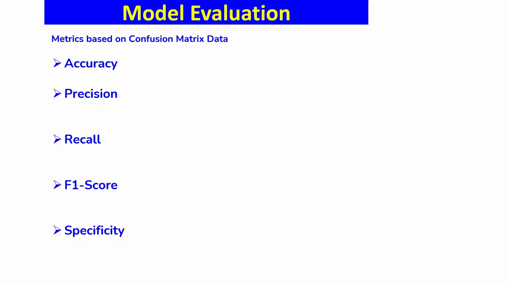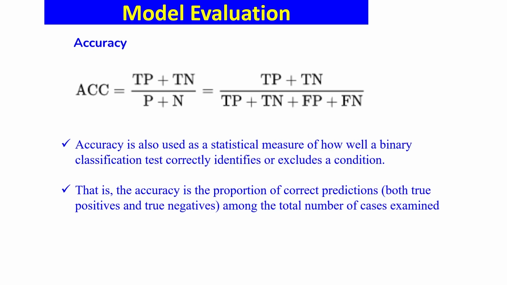So, what are the different parameters or metrics you can use? I told you, right: accuracy, precision, recall, F1 score and specificity. There are many more actually. So, what is accuracy? Accuracy is also used as a statistical measure of how well a binary classification test correctly identifies or excludes a condition.